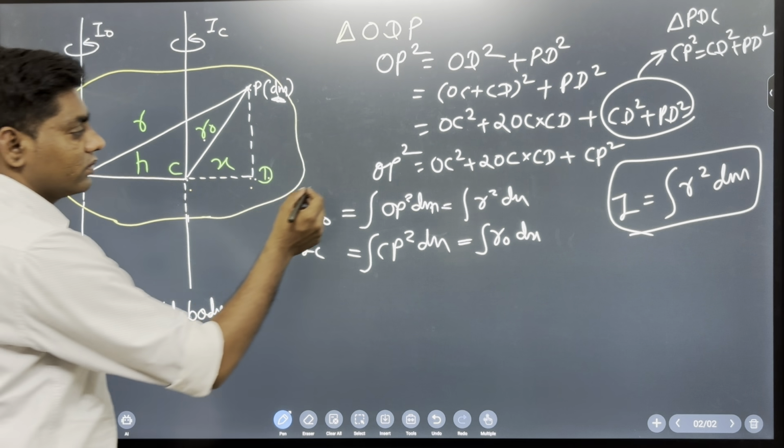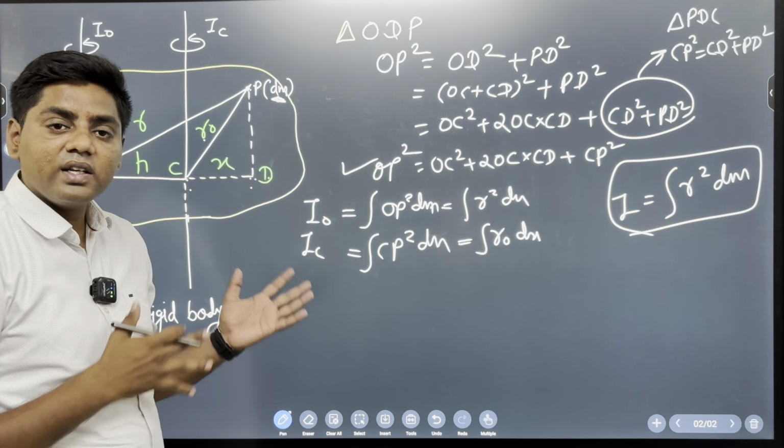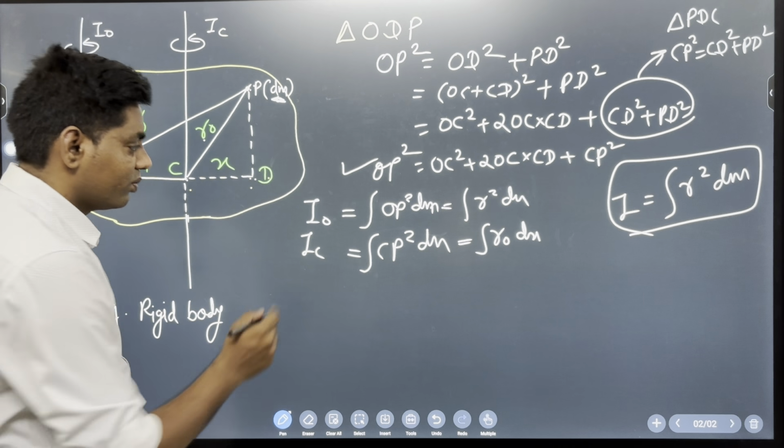And now for this statement, apply the integration and multiply by dm on both sides.